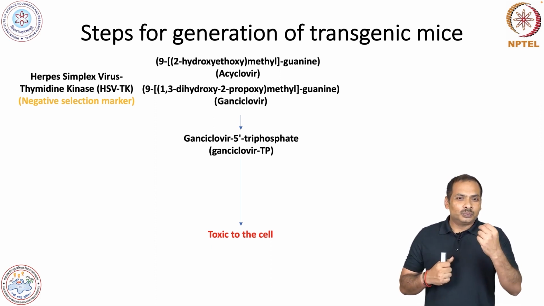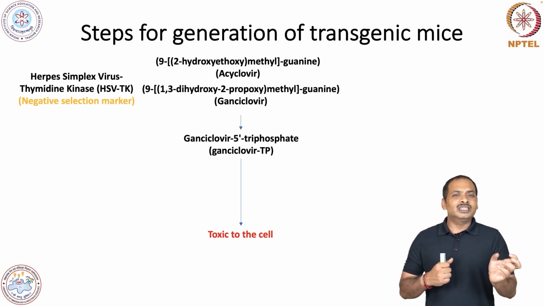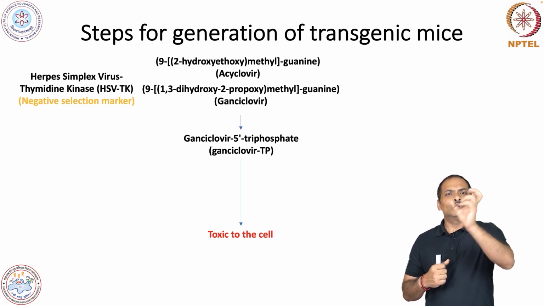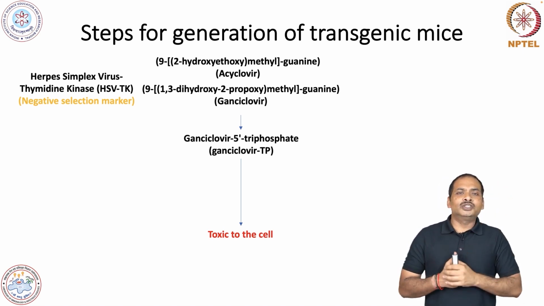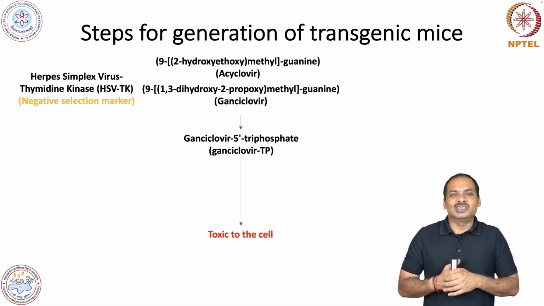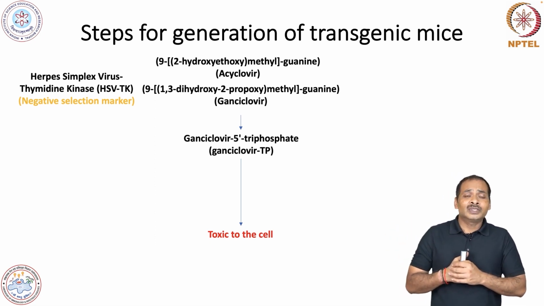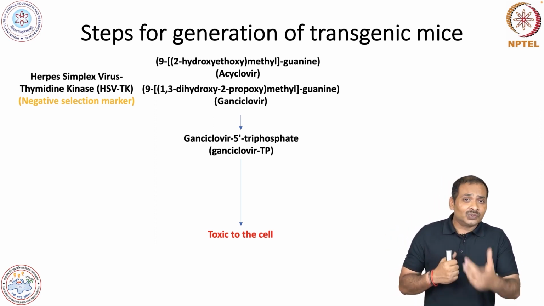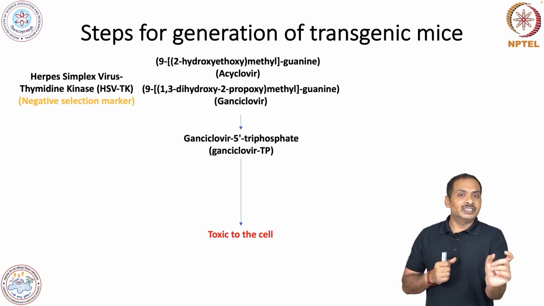The DNA molecule has a property that it can integrate anywhere in the whole genome. If it integrates anywhere in the genome, then those cells are useless. It is not useful for making transgenic mice. Okay. So, that is why we have incorporated HSV-TK, the negative selection marker.